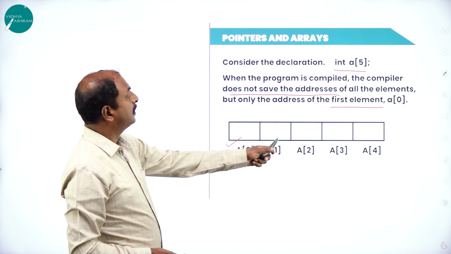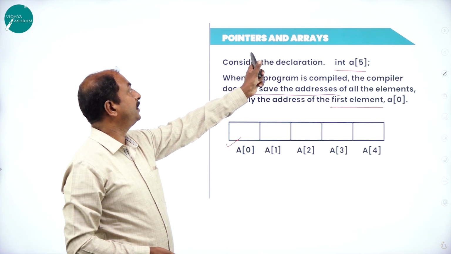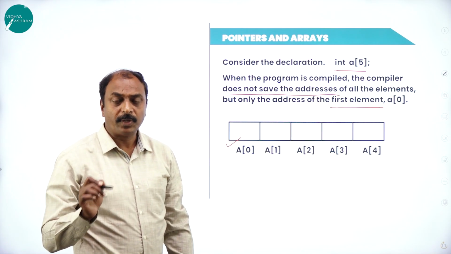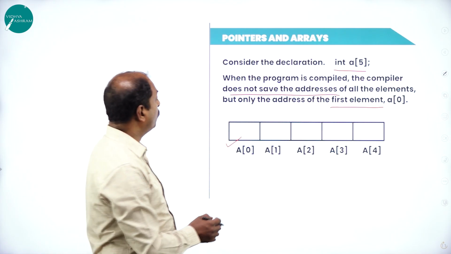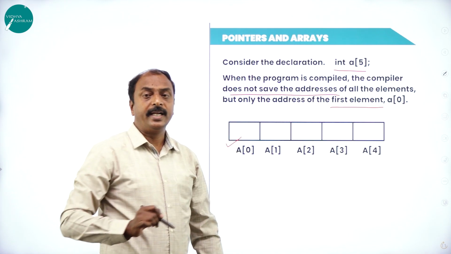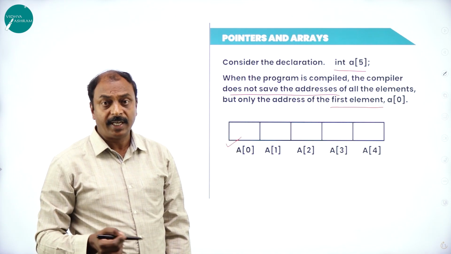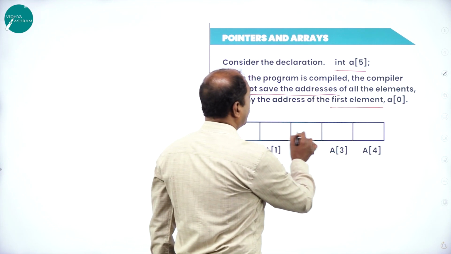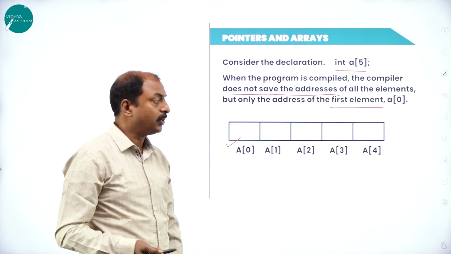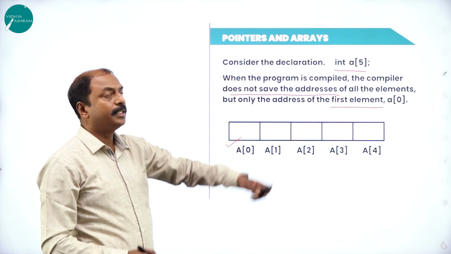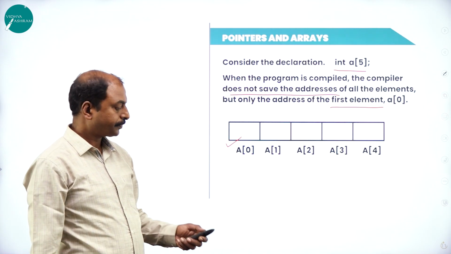So this is the concept with pointers and arrays: the pointer always stores the address of only the first element, and it will not save the addresses of the remaining indexes of an array.